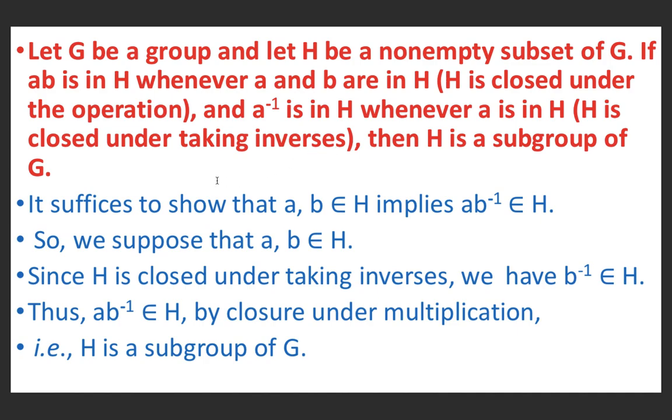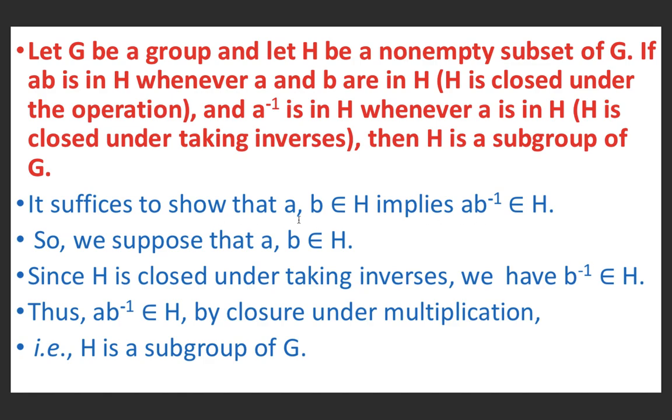So in the last result, we have seen that H will be a subgroup of G, it is already given to be non-empty, if AB⁻¹ belongs to H whenever A and B belong to H. So we will use that result to prove this theorem.